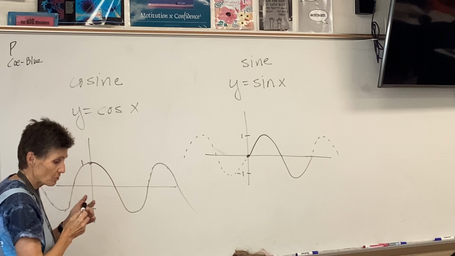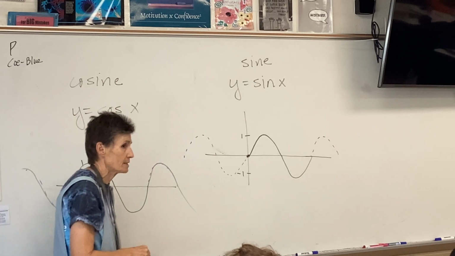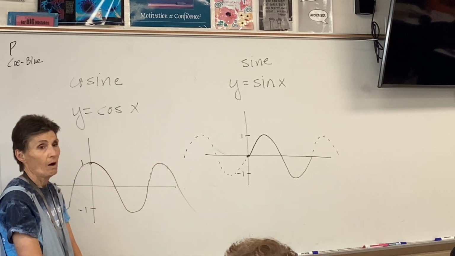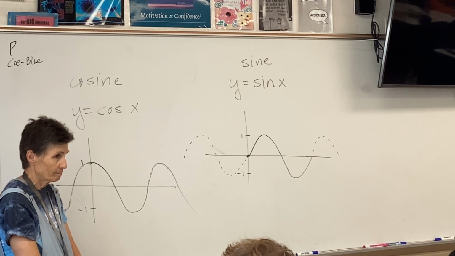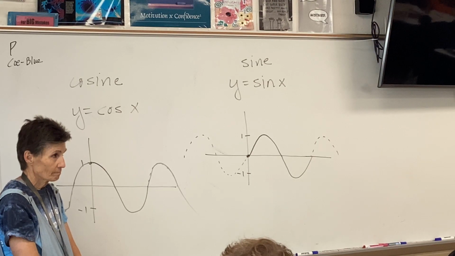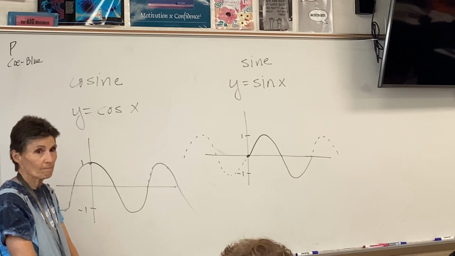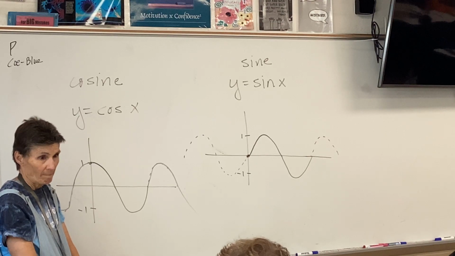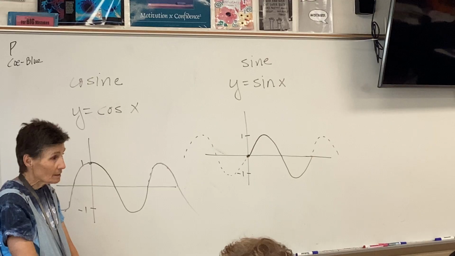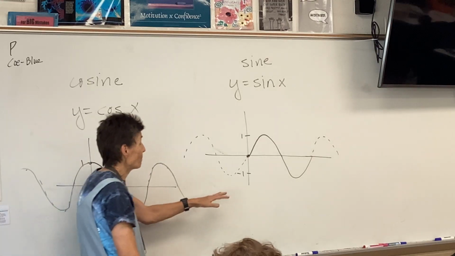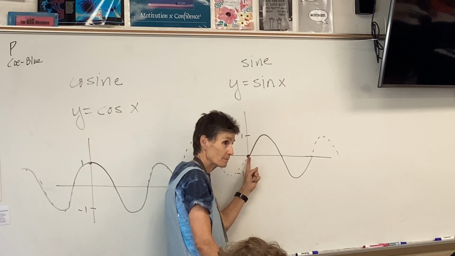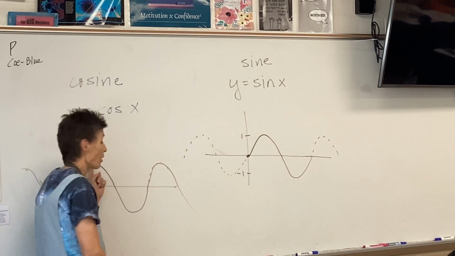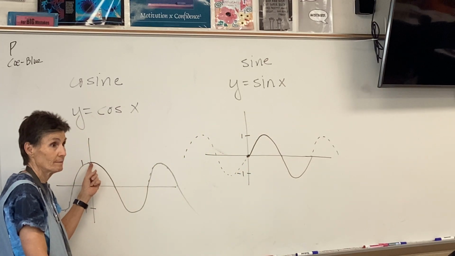Notice that your sine and your cosine are very similar. What is the difference? Exactly. So you got to remember that sine starts at the origin and cosine starts at the top of the hill at 1.